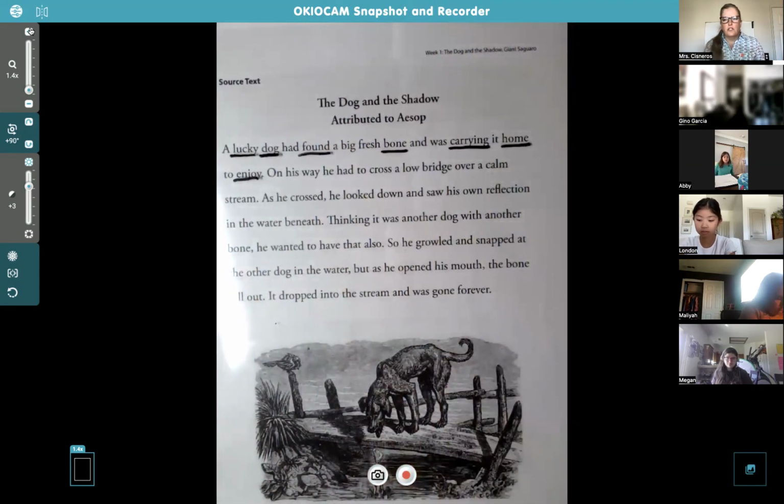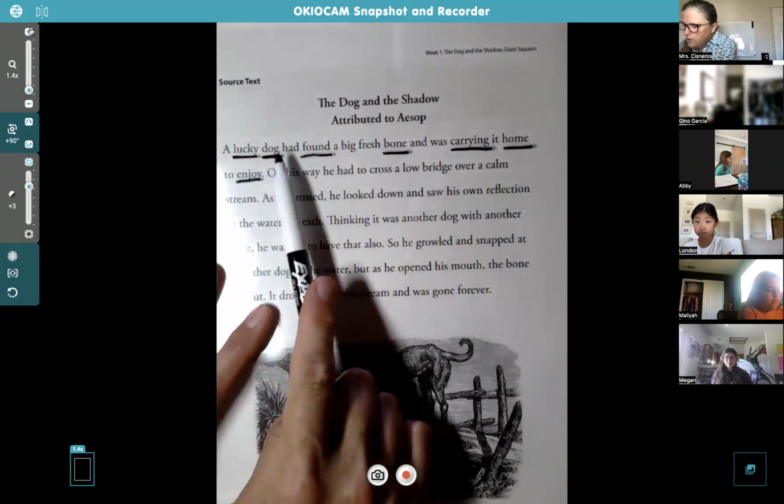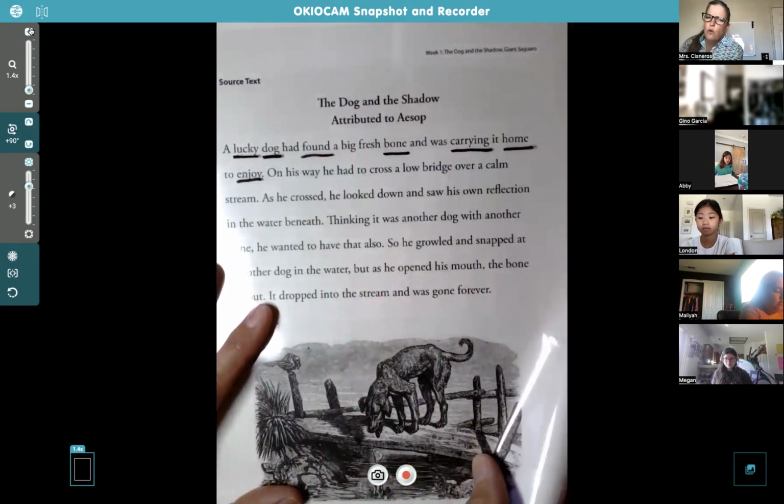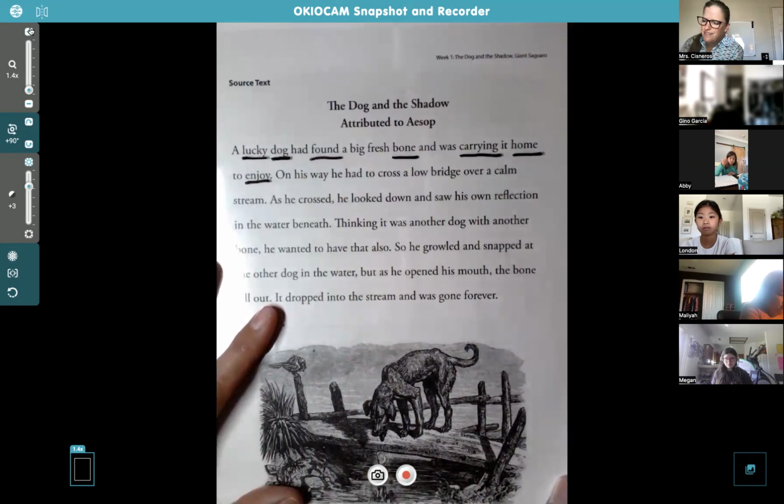So here's what we're going to do. We can only pick 3 out of these. We have 1, 2, 3, 4, 5, 6, 7 words we underlined, but we can only pick 3 that we really, really think are the most important words in the sentence.